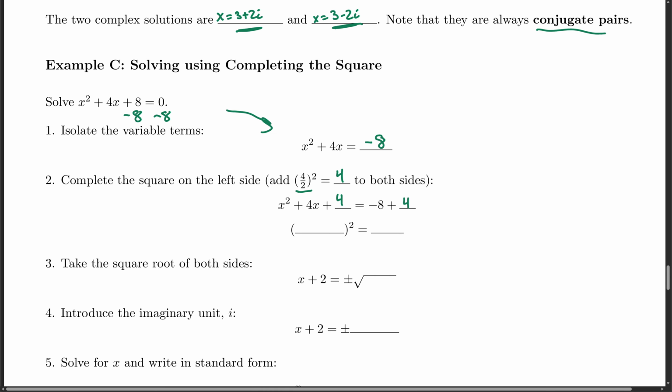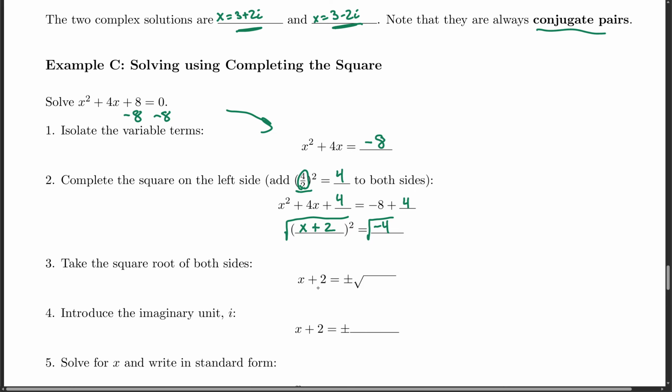And remember that, okay, so now what goes in here is x plus b over 2, and b over 2 was 4 over 2, which is 2. So x plus 2 squared equals negative 4. All right. So there we go. Now we're going to take the square root of both sides.